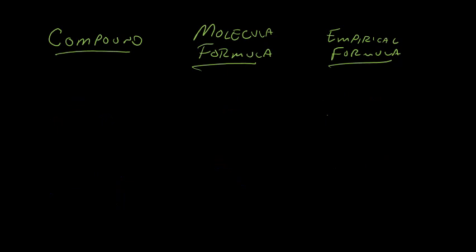It's also sometimes true that you can have 2 or even more compounds that have different molecular formulas, but have the same empirical formula. For example, nitrogen dioxide looks like this. The molecular formula is NO2.